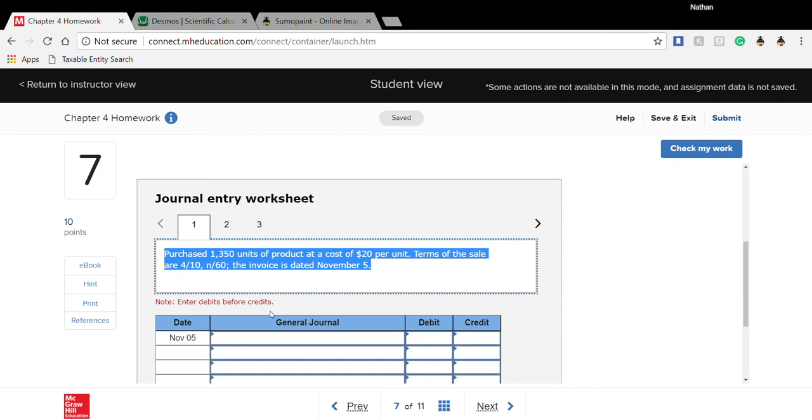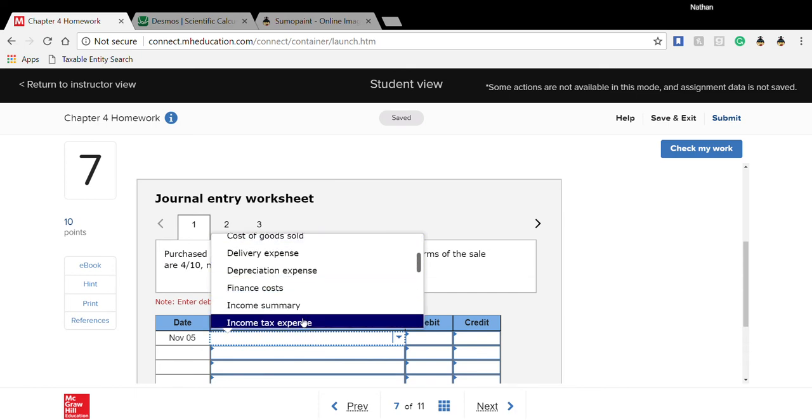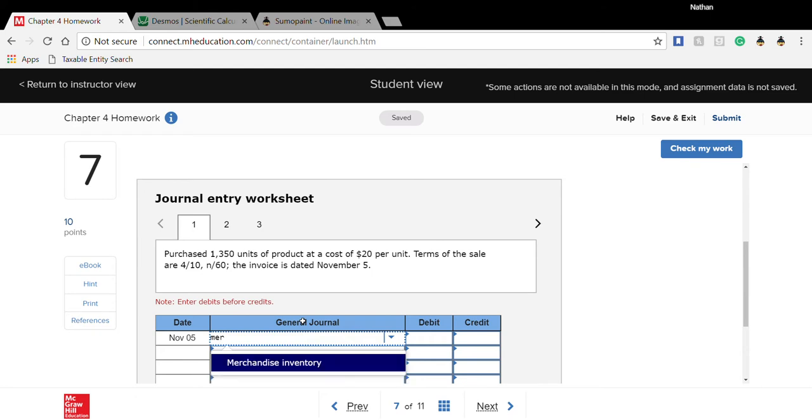All right, so again, first account: since we received merchandise because we purchased it, we're going to use merchandise inventory. And then, how did we purchase the inventory? Well, we purchased it on a contract or on credit.